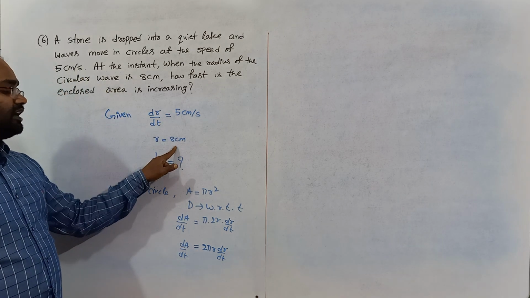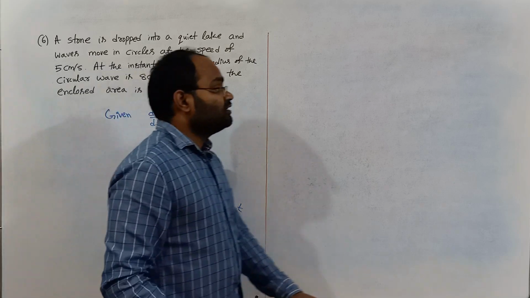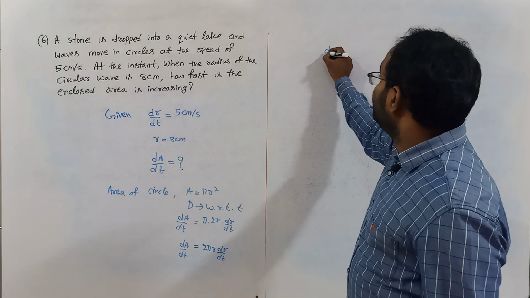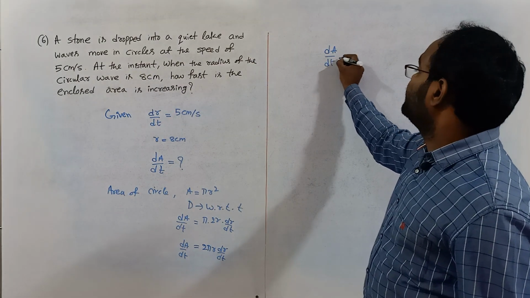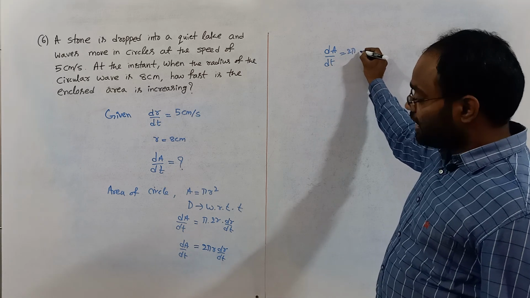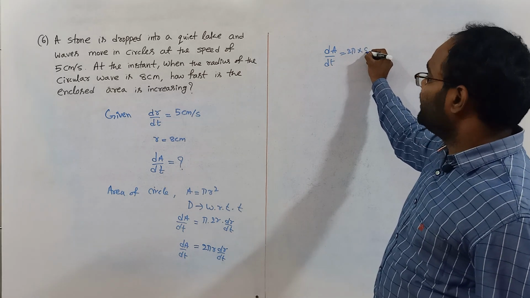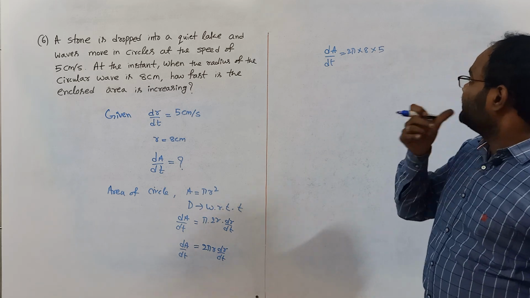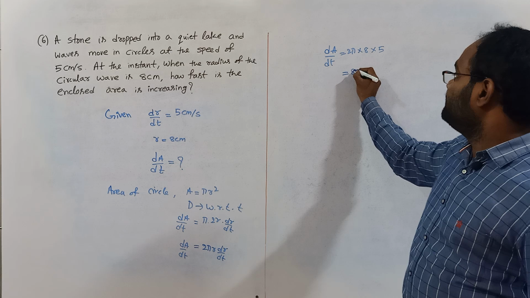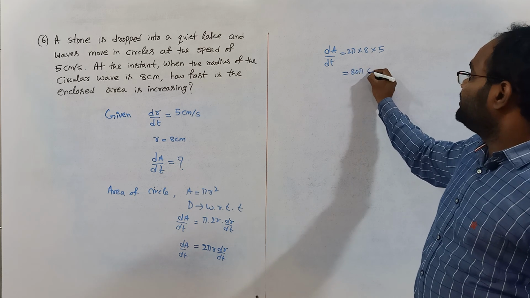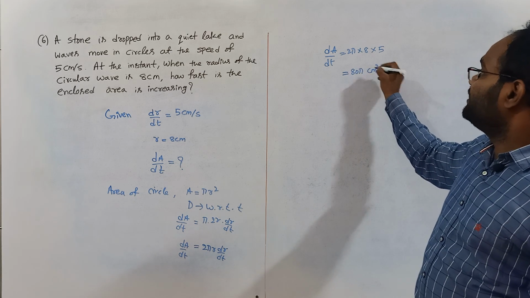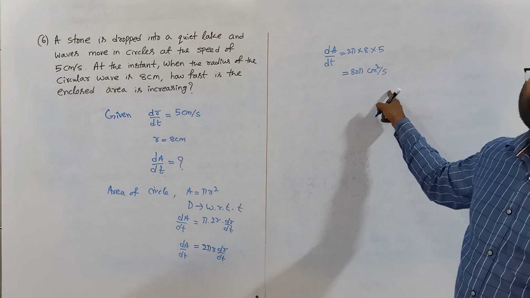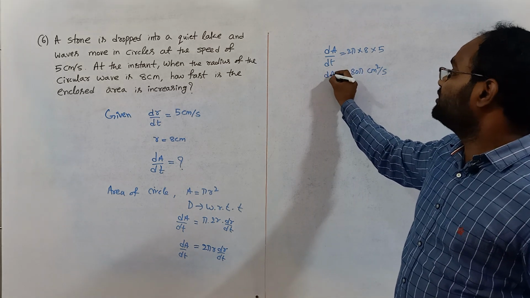Let us substitute what is given. dr by dt is given, r is given, substitute. So dA by dt is 2 pi into radius 8, into 5. It is nothing but 80 pi centimeter square per second. Area is centimeter square, time is second. So what is the conclusion?